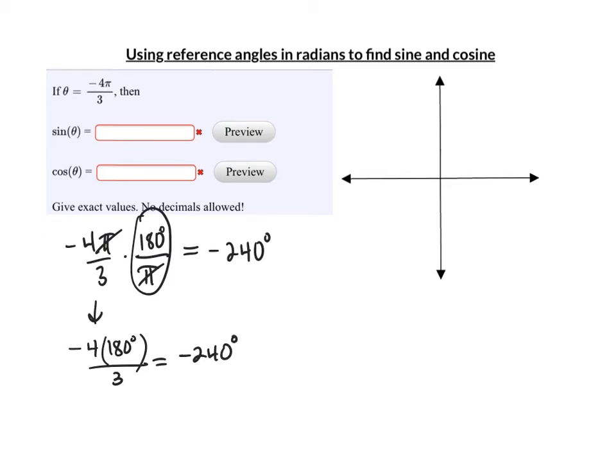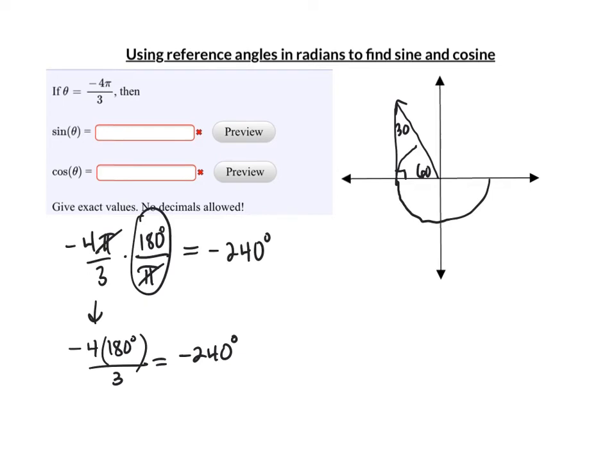Now I'm going to draw my angle in standard position. I'm going in the negative direction. I'll go negative 180, and I got to go 60 more. So my reference angle is right there. It's 60 degrees, and we'll draw our 30, 60, 90.